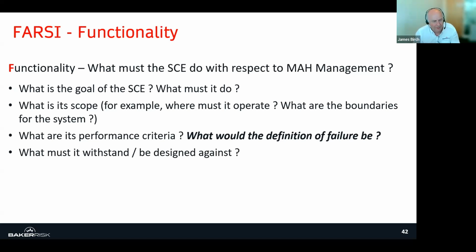And if I pick an example perhaps of emergency lighting, the goal for emergency lighting is to make sure that the control areas, the escape routes, are illuminated during an accident. The scope of it, well, we would achieve that in those key areas by using battery backed up lighting systems, luminaires, in order to give us what criteria? Typically, we would be looking for a certain light intensity, probably 5 lux at ground level.